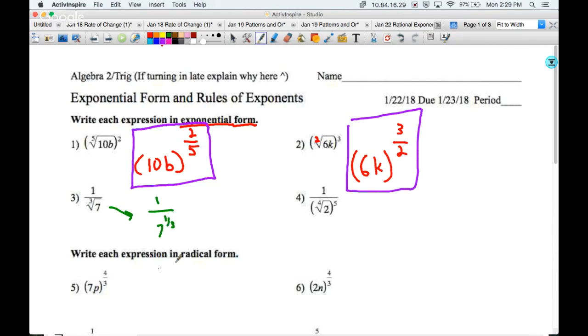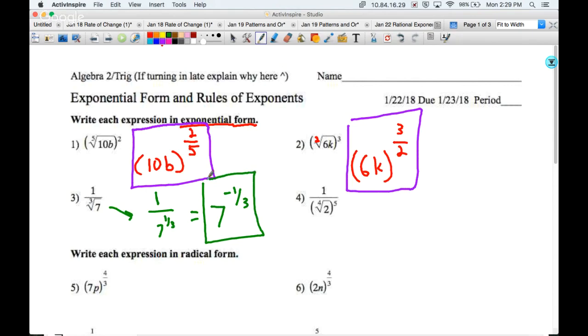But if I want to write this without the fraction, I can just use the negative exponent property and write this as 7 to the power of negative 1/3. So these are equivalent. To get rid of that negative, we would keep everything the same and put it in the denominator with a 1 on top, and then we can go the other direction if we want to.